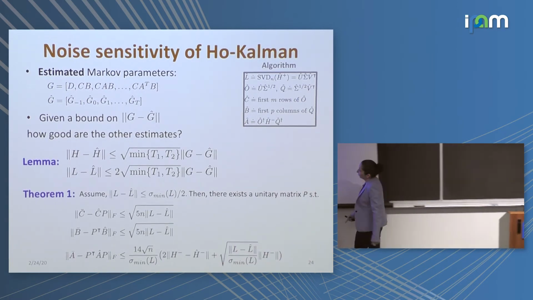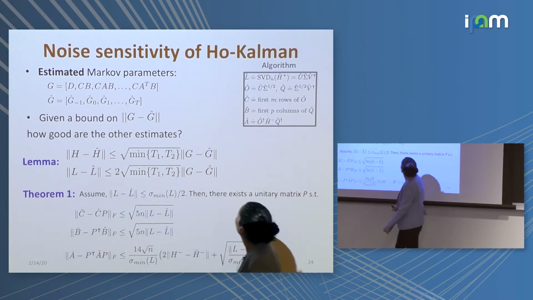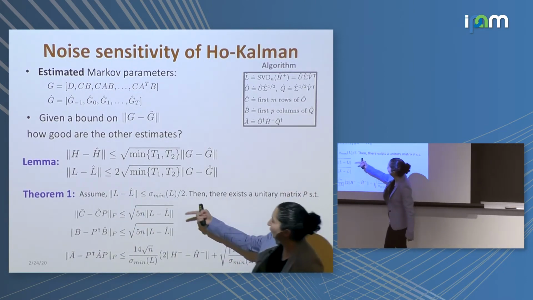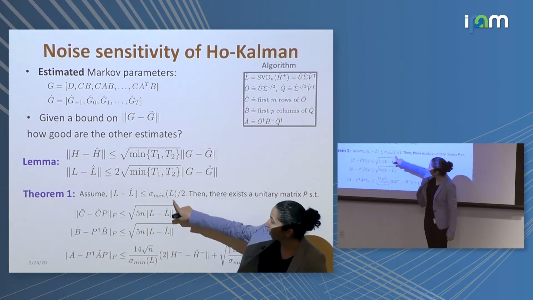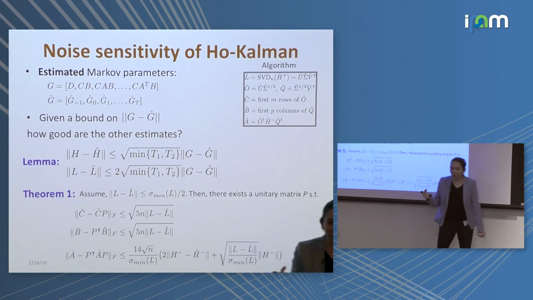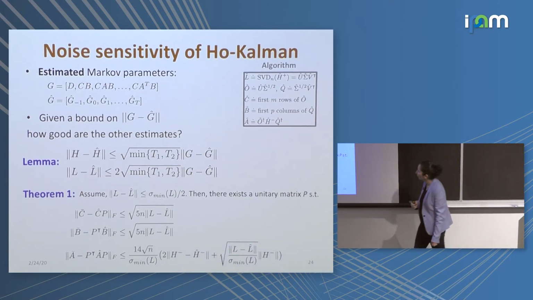Then if we also assume this L minus L hat, which is the low-rank approximation of my H, satisfies this property. Remember, this minimum non-zero singular value is telling me how identifiable the system is.